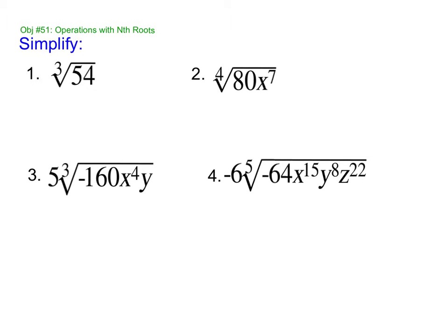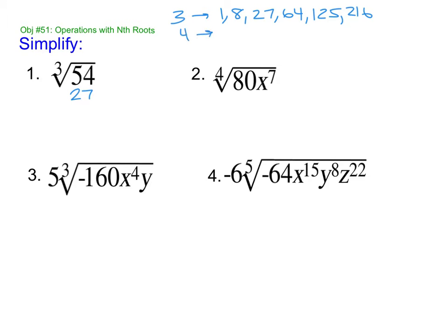All right, so we're simplifying a cubed root. What perfect cube goes into 54? I almost said it. 27, right? So write those down. Your cubes are 1, 8, 27, 64, 125, 216.